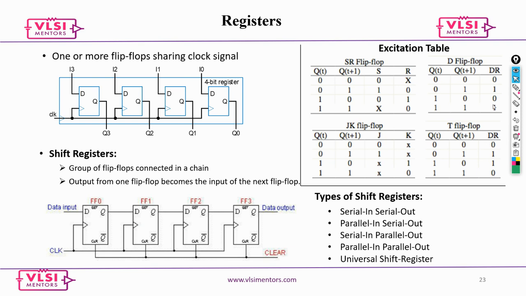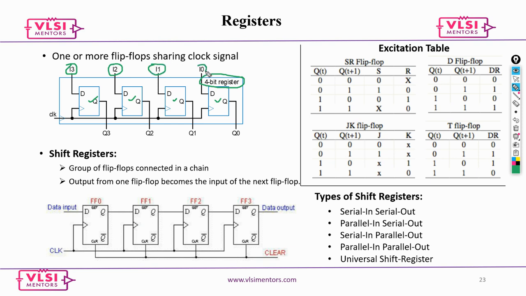Now, before we go into shift registers, what is this? It's basically a 4-bit register. Just understand this circuit. These are all made up of D flops, and there is a common clock signal driving all these 4 flops, and these are the input signals loading the data. Yesterday I was talking about designing an ALU, right?